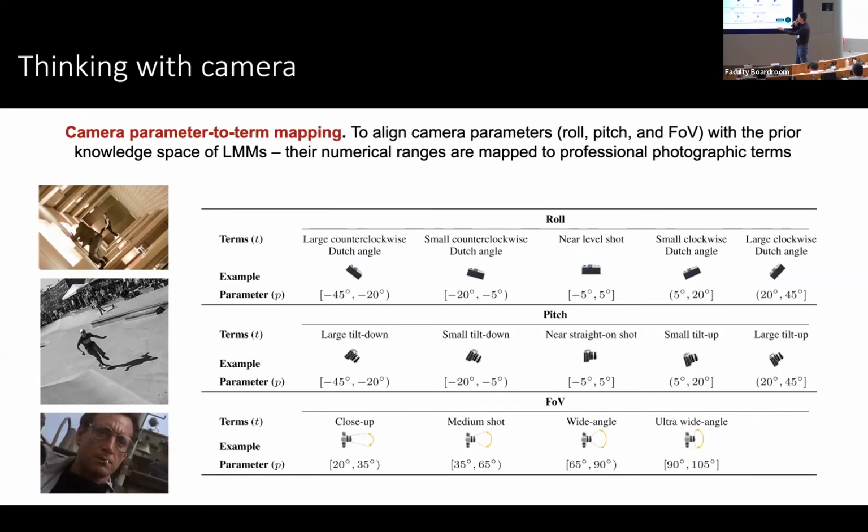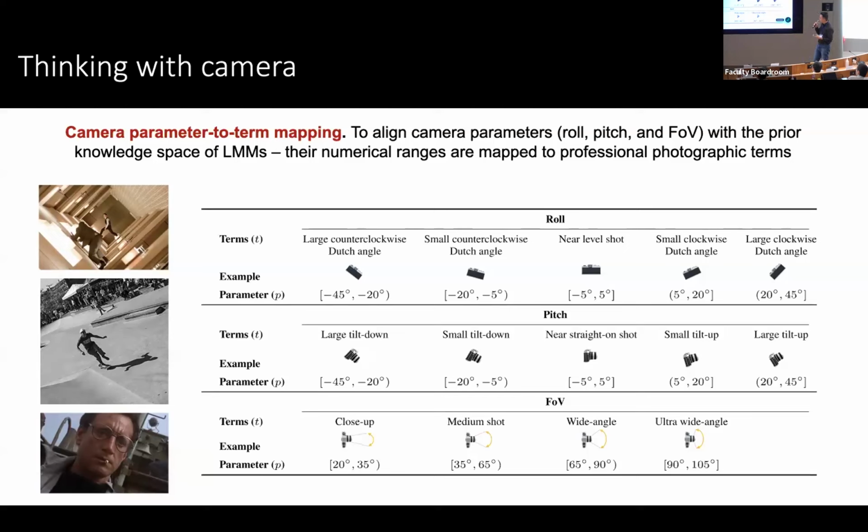For example, in the images over there, when you have different roll angles of the capturing angle, they call it Dutch angle, either counterclockwise Dutch angle or clockwise Dutch angle. And for pitch, you have different language to explain that. Is it a small tilt up, large tilt up, or level shot, or tilt down? And for FOV, you have close up, medium shot, wide angle, ultra wide angle.